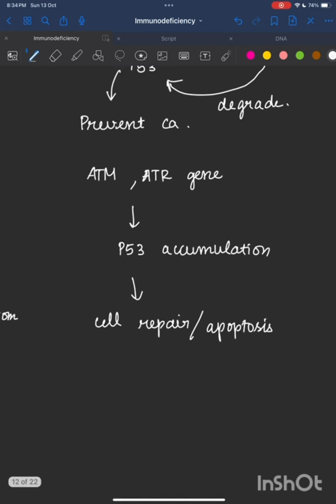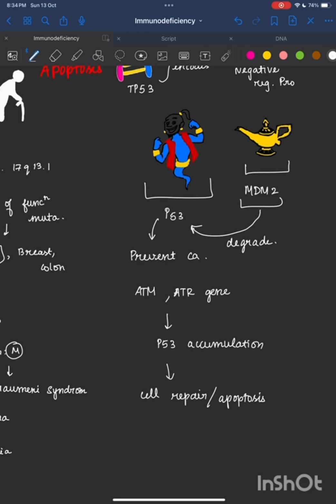What I mean is, MDM2 is always bound to P53, and if any cell damage or hypoxia has occurred, it leads to ATM, ATR or any mutation. These mutations are most common in ataxia telangiectasia, and it leads to P53 accumulation. It is a negative regulator protein, so it helps in cell repair and apoptosis.